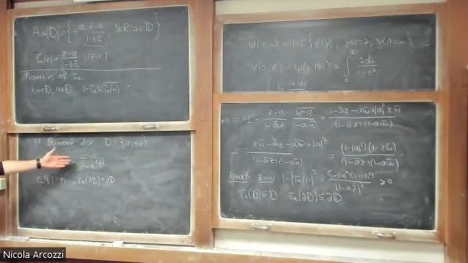It's a one-to-one map because it's invertible and it maps the disk onto itself and the boundary onto itself. Okay.